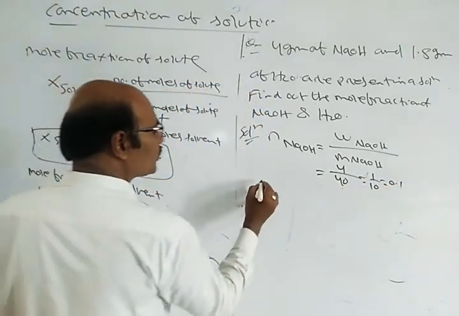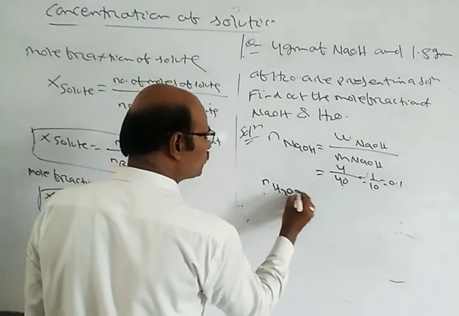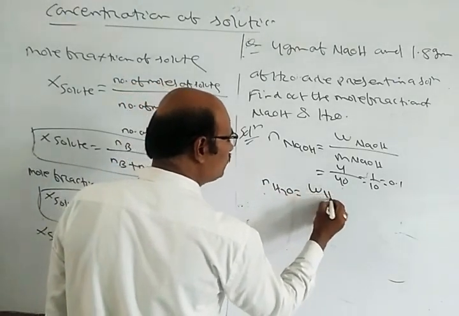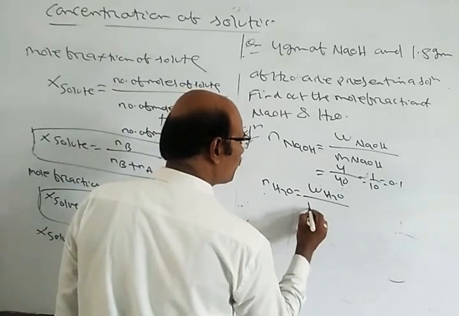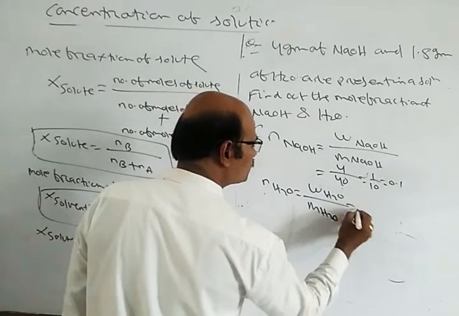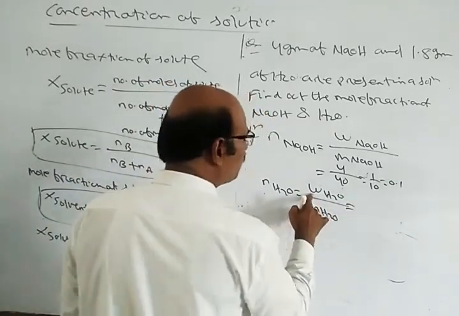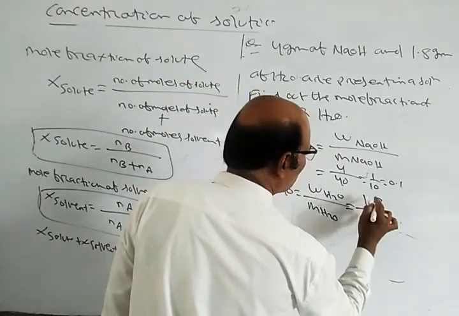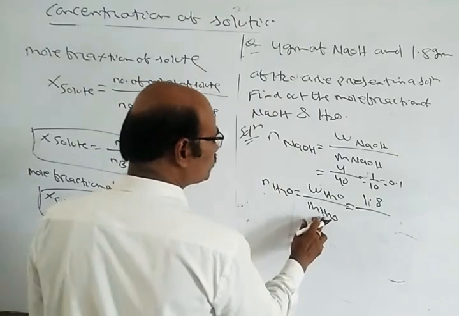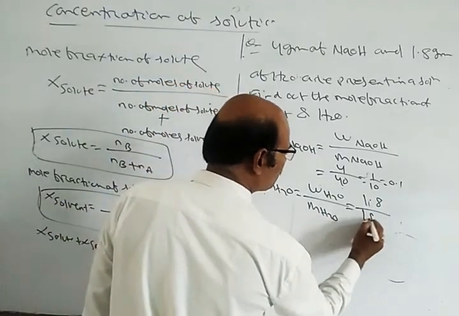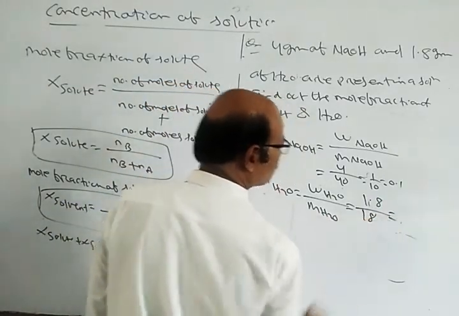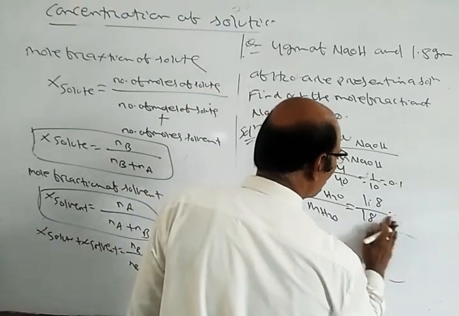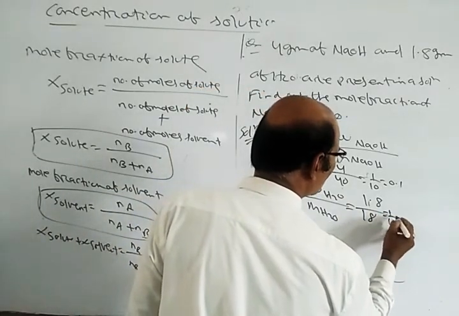Now number of moles of H2O equals weight of H2O divided by molecular mass of H2O, which is 1.8 gram divided by 2 plus 16, that is 18, equal to 1 by 10, that is 0.1.